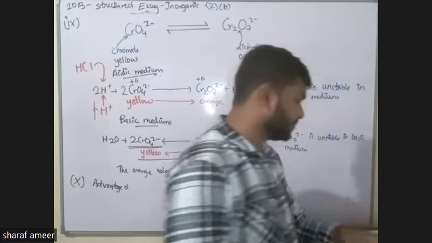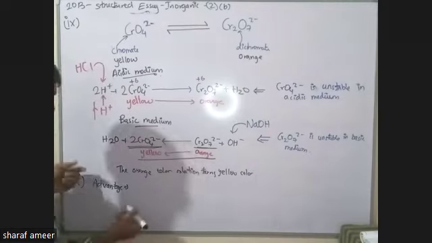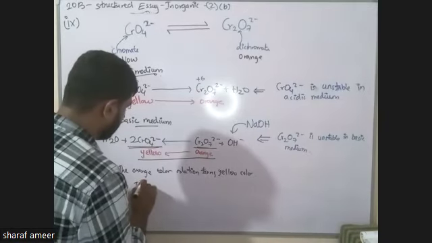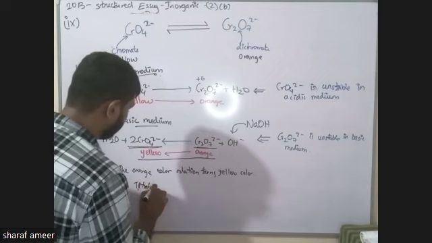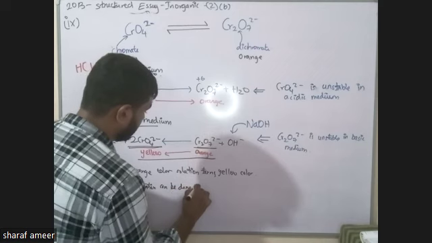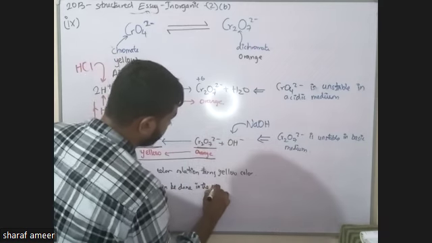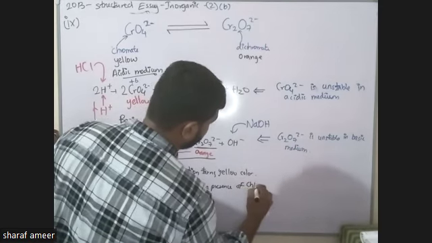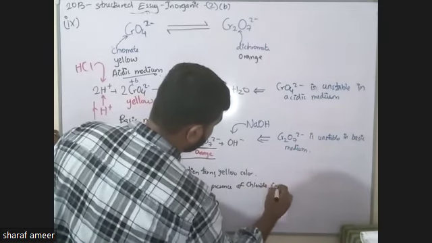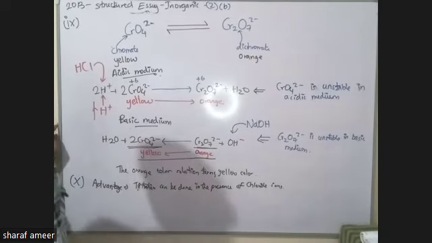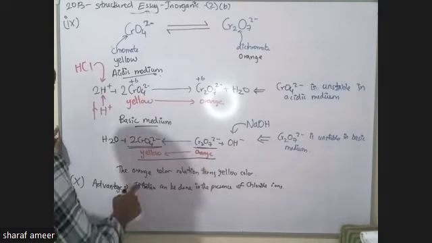That is the main advantage. So the answer is: titration can be done in the presence of chloride ions. They ask for one, so you can refer to that.